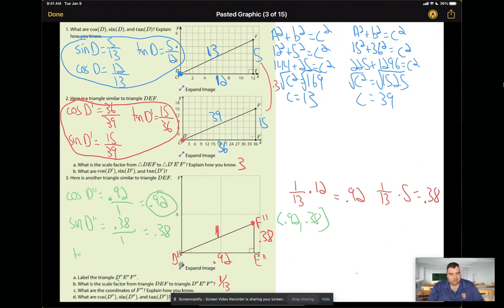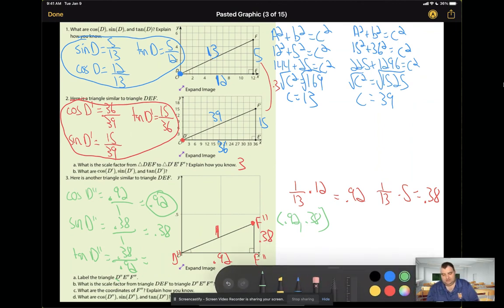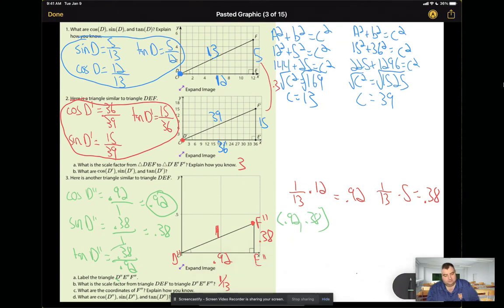And tangent of d double prime is going to be opposite over adjacent, so that will be 0.38 divided by 0.92. I'll just leave it as that. So those are your cosine, sine, and tangent values. So that is it for my examples, and that is it for lesson 2.